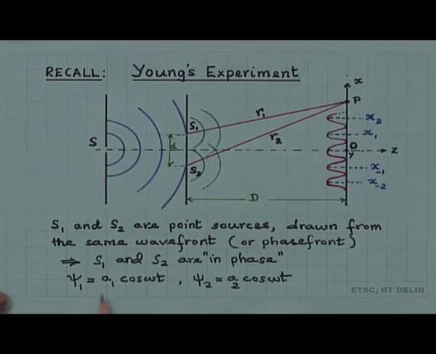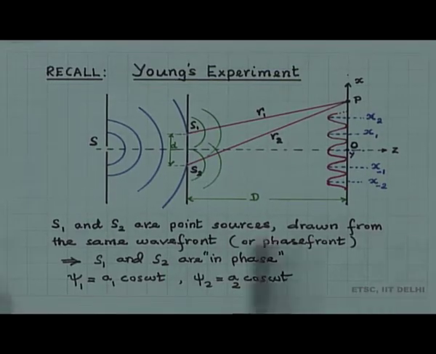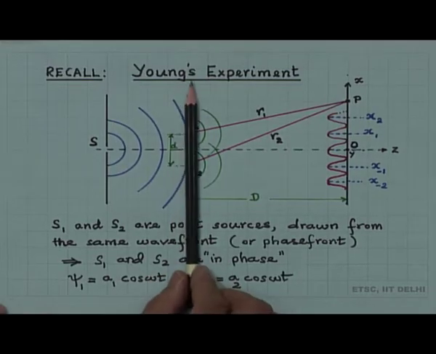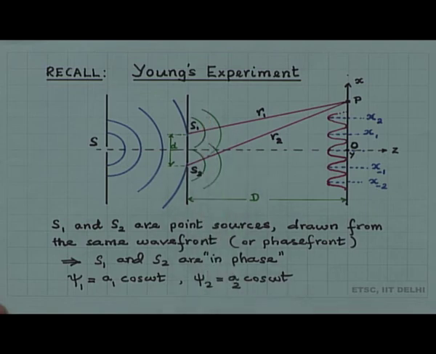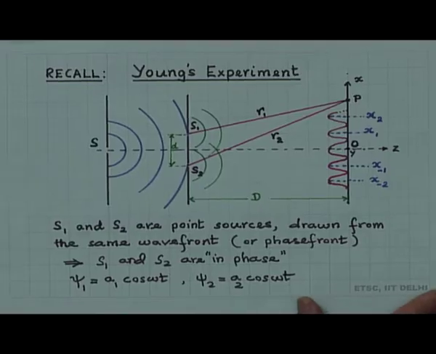In phase means the phase term is cos omega t, without loss of generality. If I assume this is x equal to 0, z equal to 0, then we have psi 1 equal to A1 cos omega t and psi 2 equal to A2 cos omega t. The phase term is the same, they are in phase.